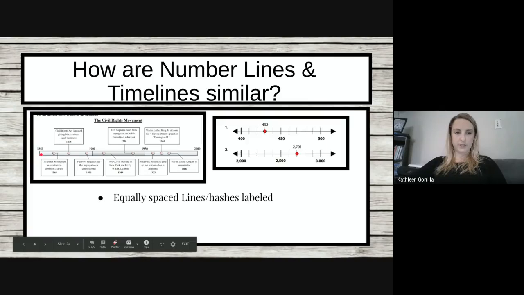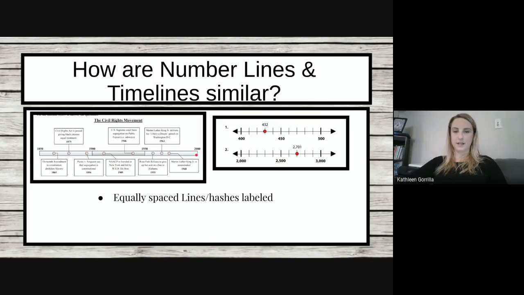On the timeline, it goes from 1850 to 1900 to 1950 to 2000, and they're equally spaced, right? It almost looks like a tape diagram. And up here for our number line, we have equally spaced pieces again: 400, 450, 500, 2000, 2500, 3000.